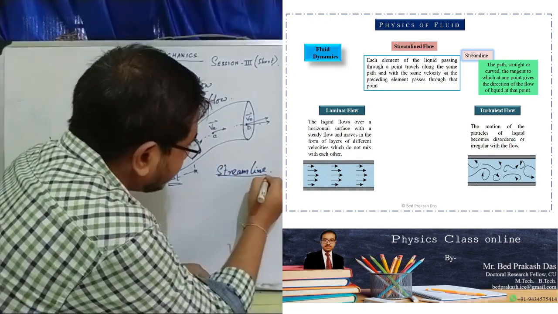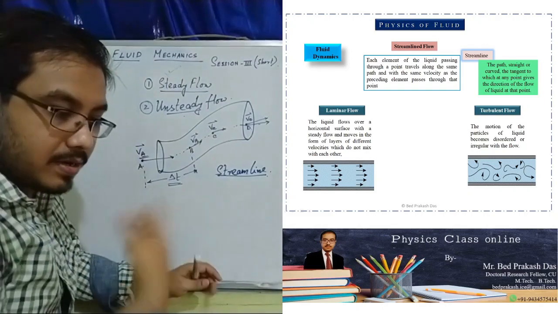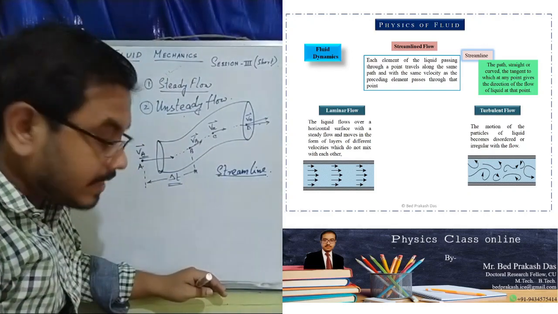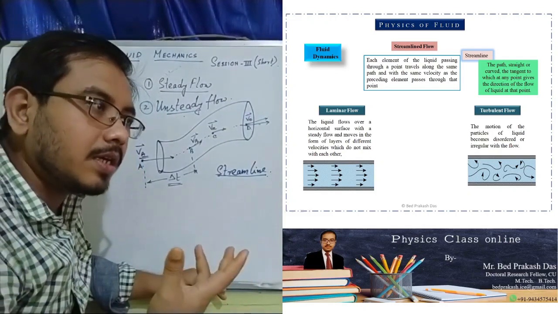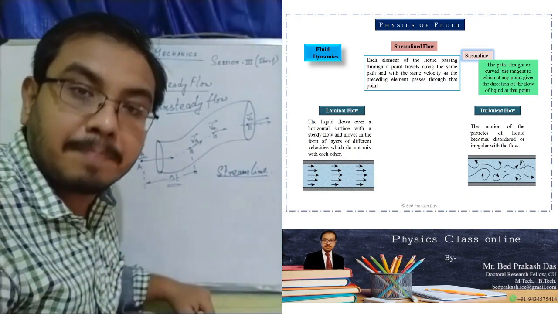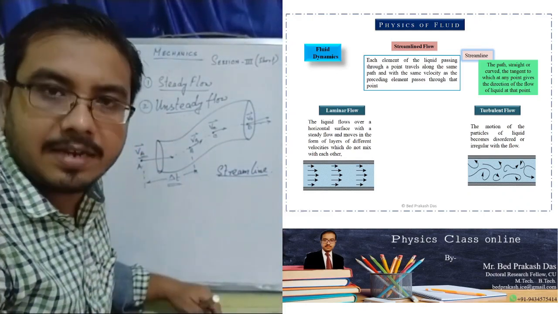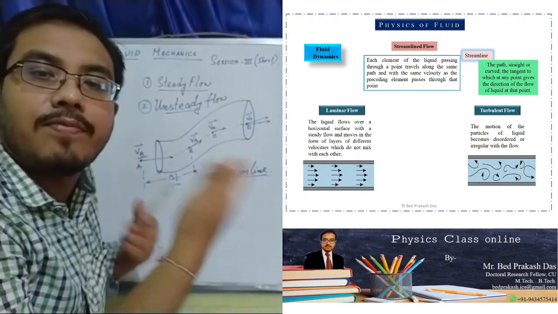It is a very interesting and important term to understand to solve different numericals. It is basically the path along which the fluid flows. A streamline is the path, which may be a straight line or a curve, along which the fluid is flowing.